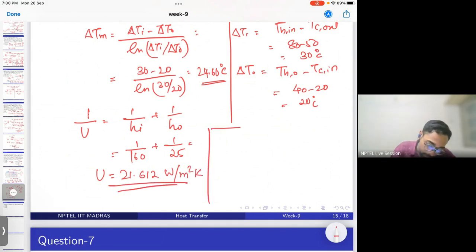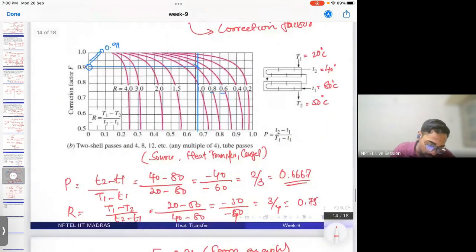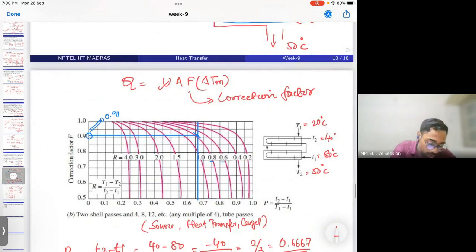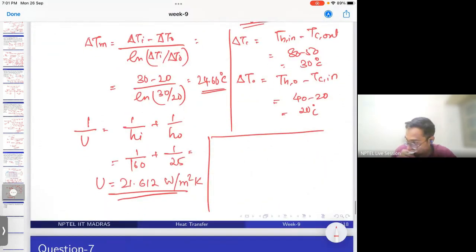So next, we found everything we required. That is U. A we already know, F we found, delta Tm we know. So Q is equal to UAF delta Tm. Okay.